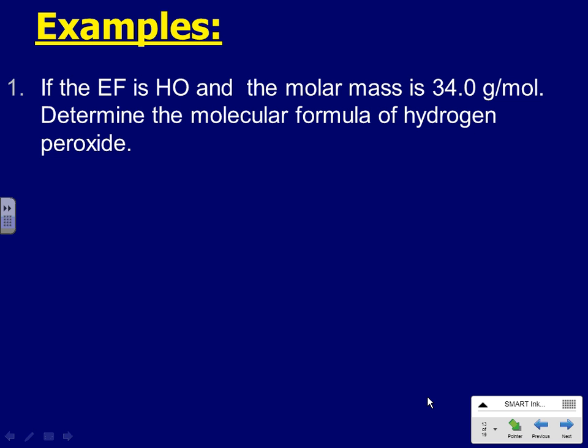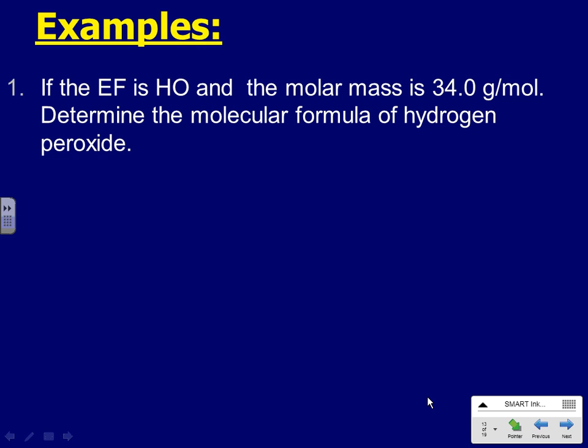Figure out what that smallest whole number ratio is, and then do this. So to determine a molecular formula, we're actually just adding a simple calculation onto what we already know how to do. In this example, I am showing you the little add-on calculation. In the second example, we'll do both steps.